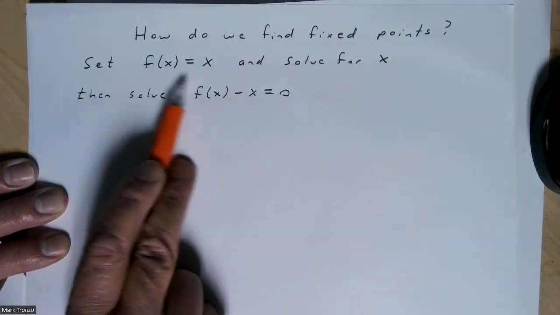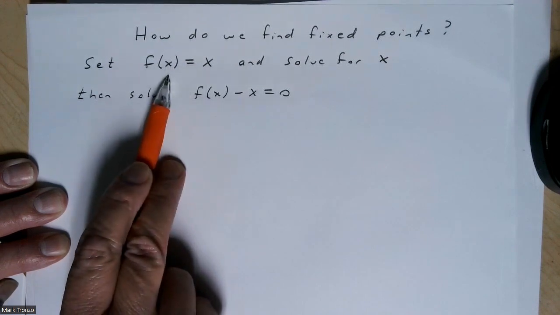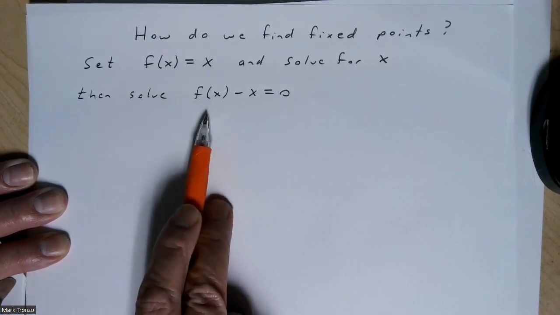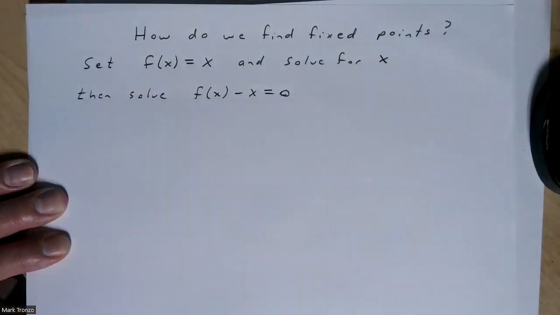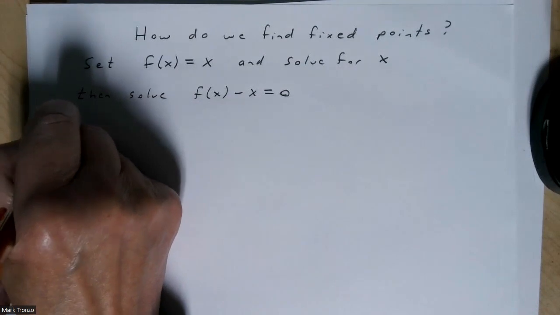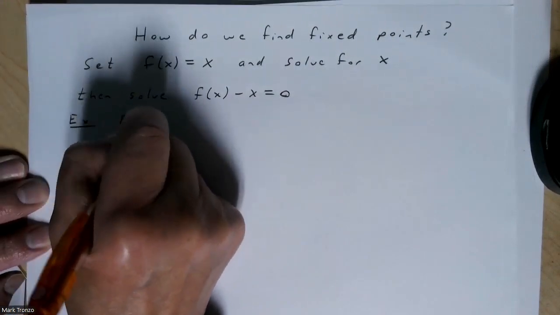You're looking for an x such that f of x equals x. Then rearrange it to solve for x. And so let's look at some examples. Find fixed points.